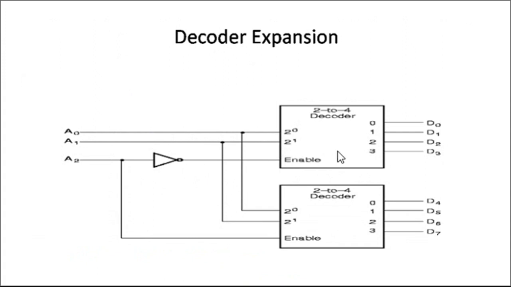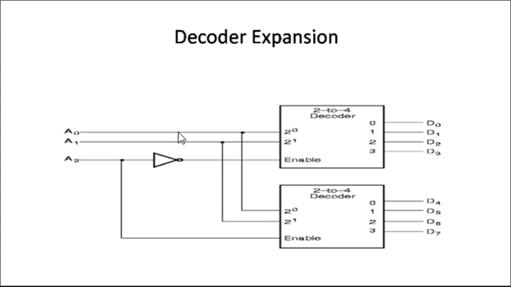Means, in the first case, this decoder is active, or you can call it enabled, and A2 is 0, so that's why this 0 is applied here. Means in that case, this is disabled. So at every time only one of the decoders is enabled and the other is disabled. So this one is enabled and this one is disabled.